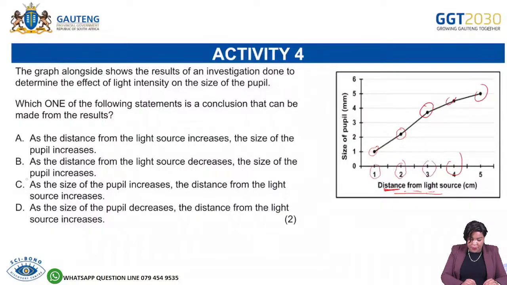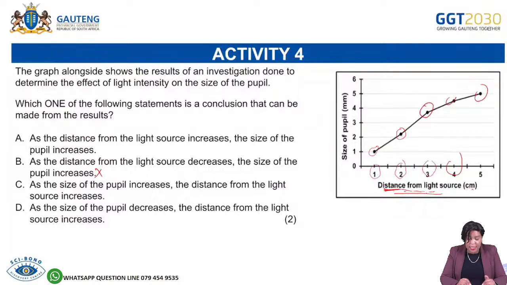Then we come to B. As the distance from the light source decreases, so now we are bringing it down, the size of the pupil increases. Is that the case for this graph? Because we are talking about distance that is increasing, we cannot consider distance that is decreasing. So this one can be completely out.